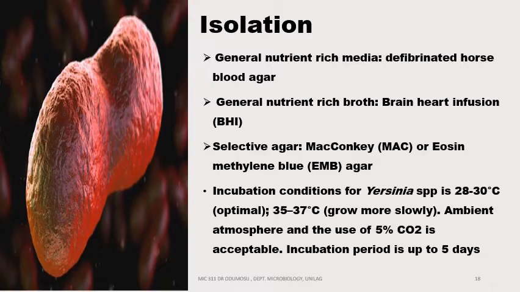They can also grow in selective agar such as MacConkey or eosin methylene blue agar. Because of their slow-growing nature and fastidious growth conditions, Yersinia can be cultivated at the optimal temperature of 28 to 30 degrees, in ambient atmospheric oxygen, with 5% carbon dioxide acceptable, and the incubation is up to 5 days because they are slow-growing organisms.